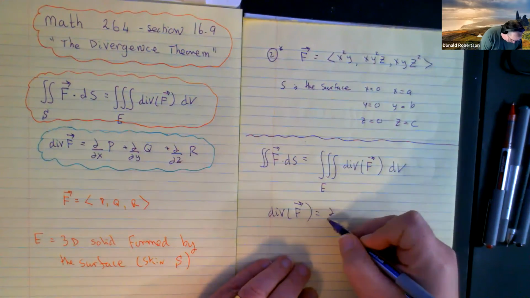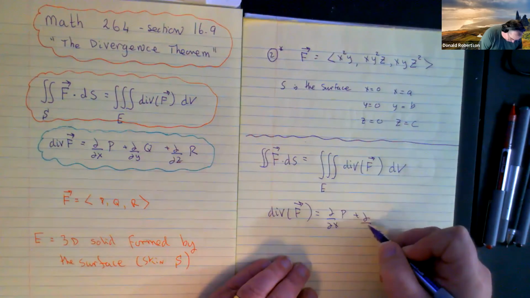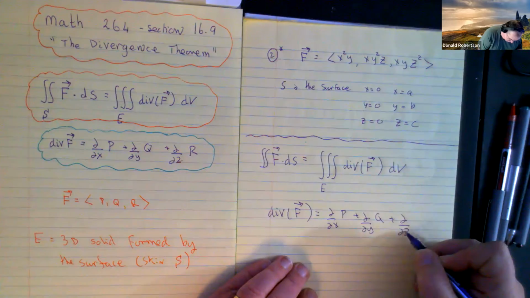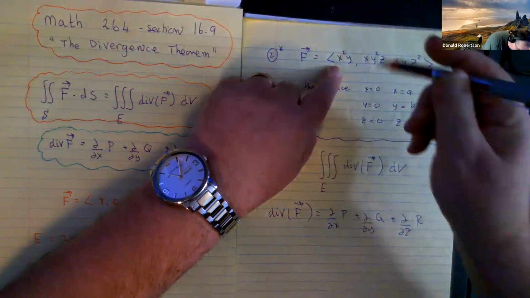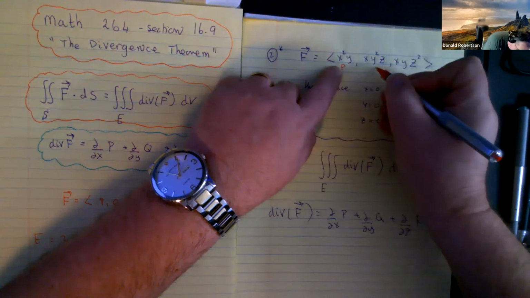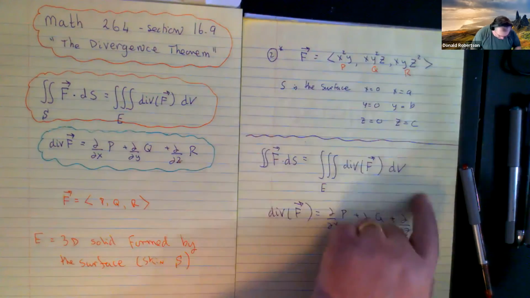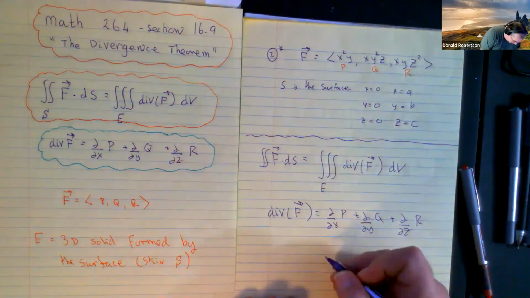So you find the partial derivative of P with respect to x, the partial derivative of Q with respect to y, and the partial derivative of R with respect to z. And up here, there's your P, this guy's your Q, and this guy's your R. I'm not going to do this again. I'm going to jump right into the answers the next time.